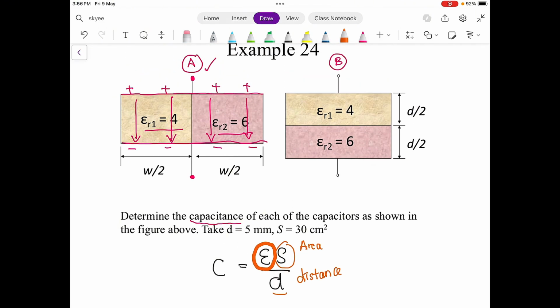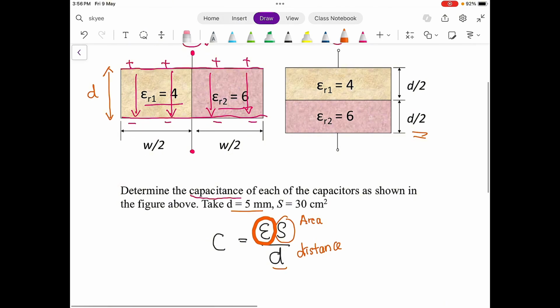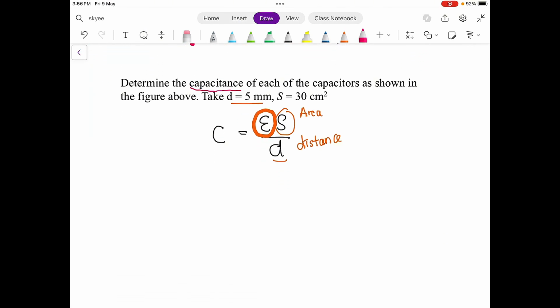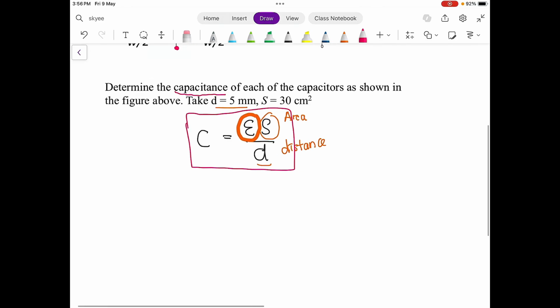So the distance here, if we follow figure B, is the same. The distance over here would be d, which is 5 millimeters. This equation is derived when we have a capacitor that has a uniform dielectric medium.